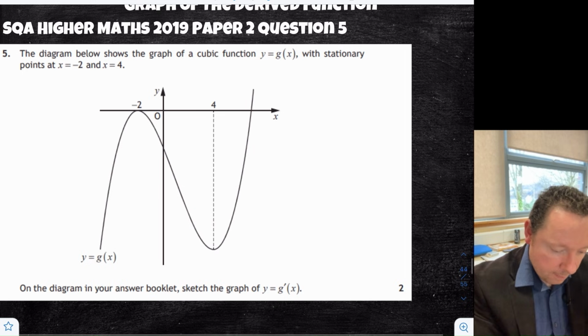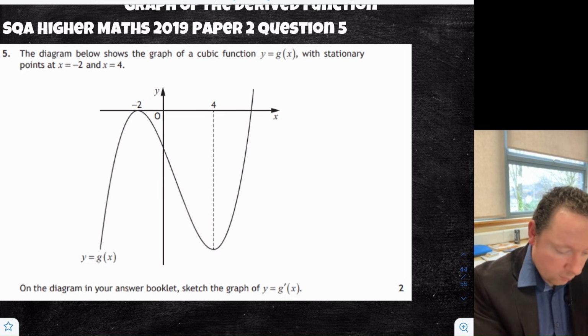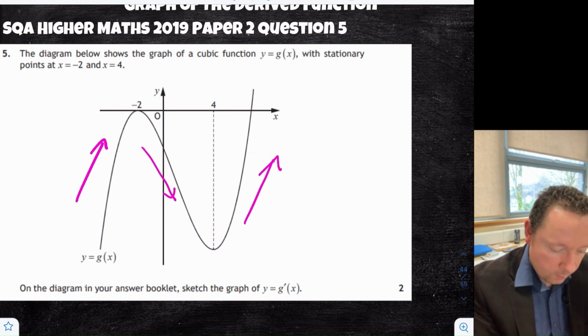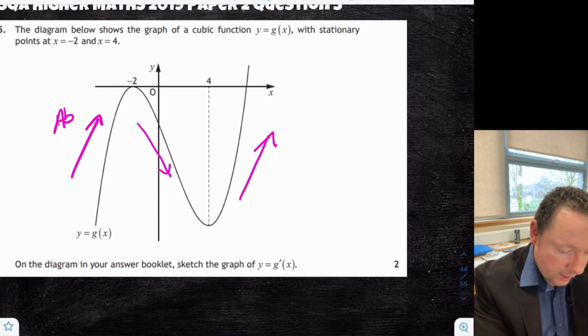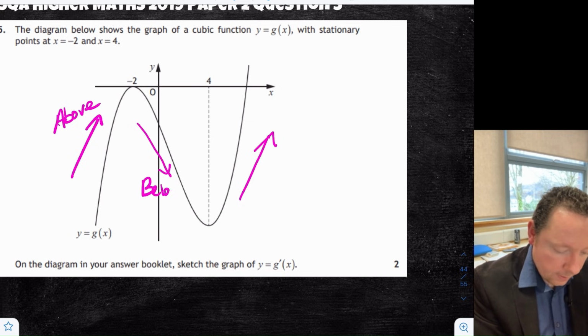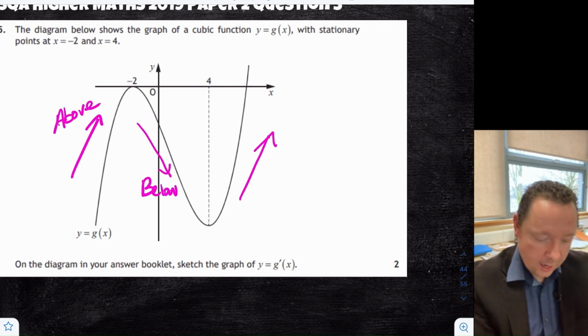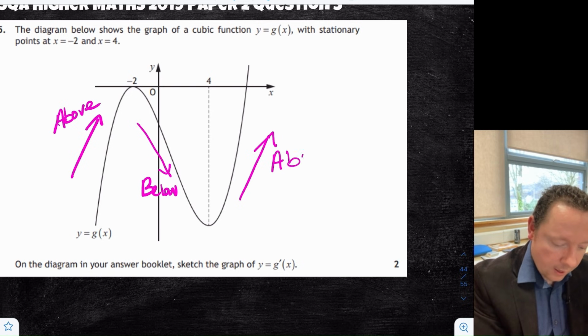So that means that if we examine before minus 2, it's going up the way, it's then dropping down the way, and the derivative will be going back up the way. So it's above the x-axis before minus 2, it's below in between the roots, and it's above again after 4.